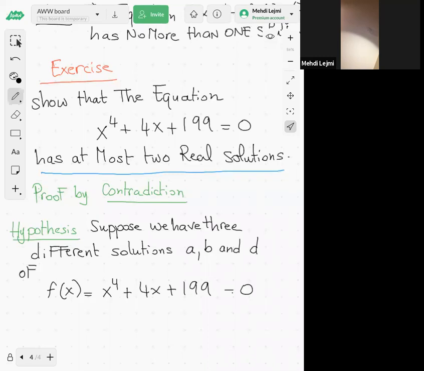Okay, so I'm gonna suppose I have three different solutions. Let's call these solutions A, B, and D of my equation, right?